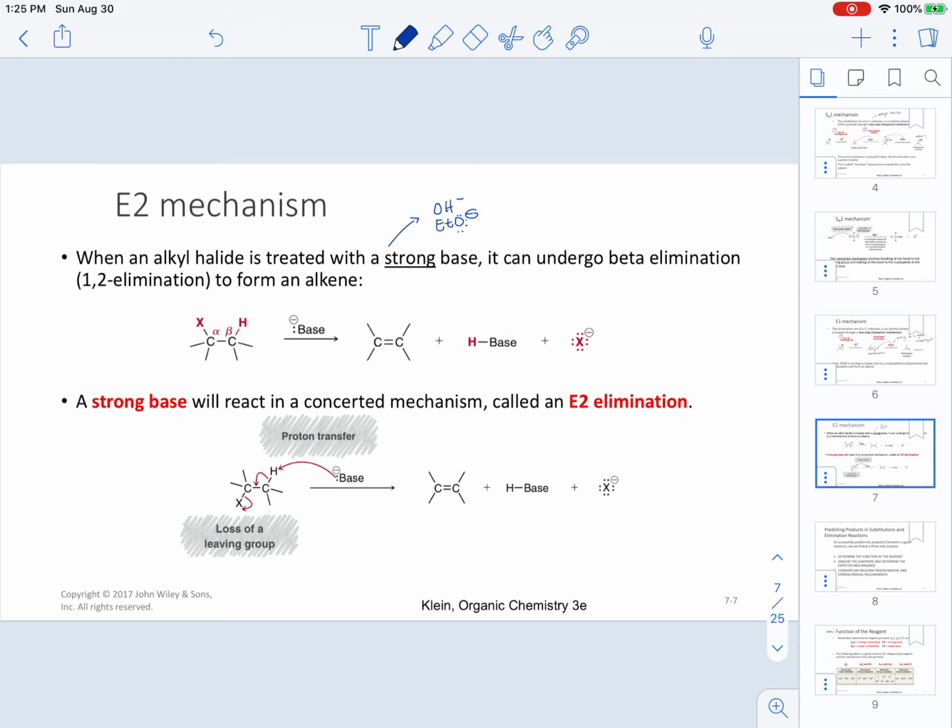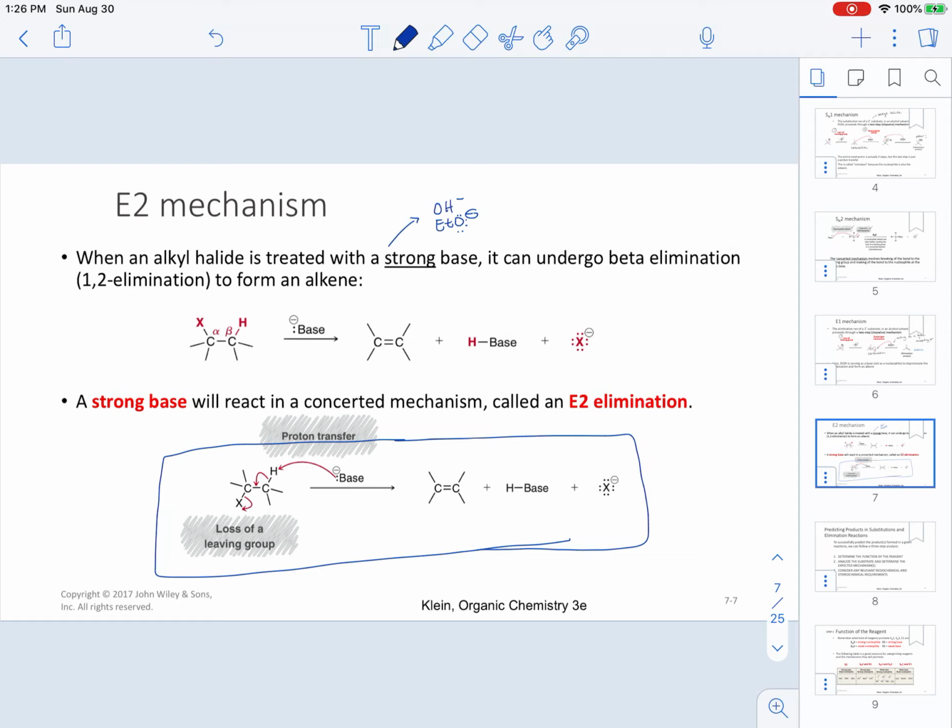Now, as I mentioned before, the carbon that contains the halogen is alpha. The carbon attached to it is called beta. So these strong bases, when we have an E2 mechanism, what they do is that at the same time that they extract the proton, as we can see in the bottom of the slide, which I boxed in blue, we are going to be extracting the proton, meaning that there's going to be a proton transfer.